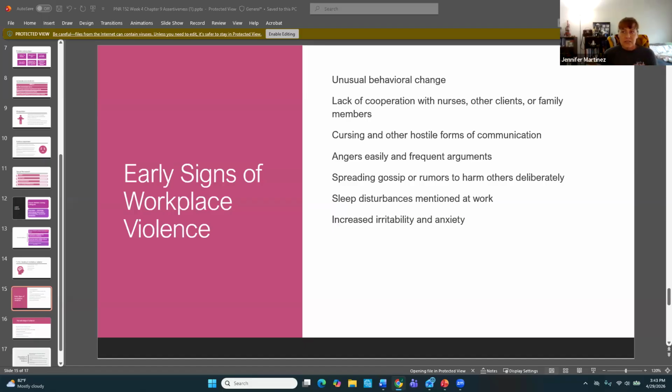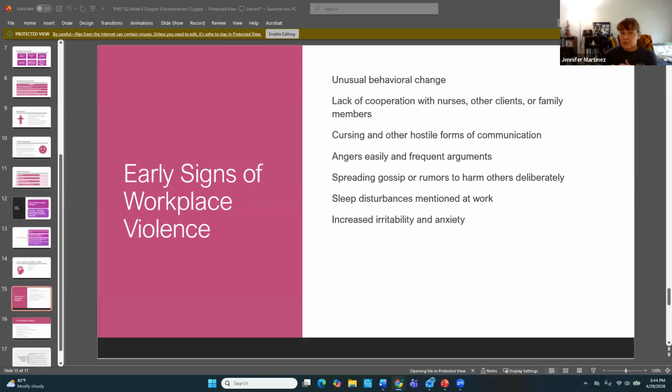So when we look at early signs of workplace violence: unusual behavior changes, okay? They start to act a little bit different than they originally presented. Lack of cooperation, whether it's with nurses, other clients, or family members. They start cursing, yelling, screaming, or other forms of hostile communication. They anger easily, right? They have a quick switch.